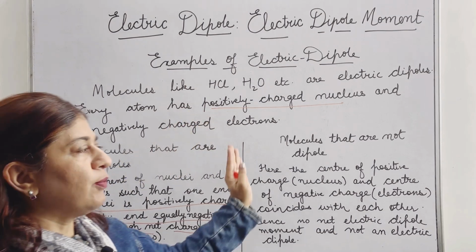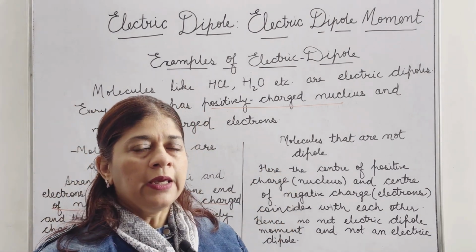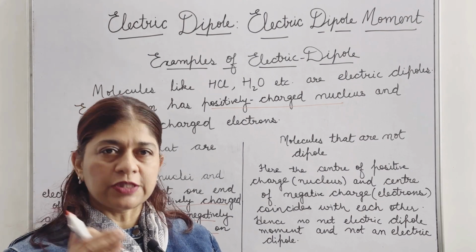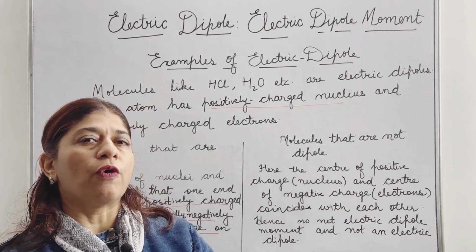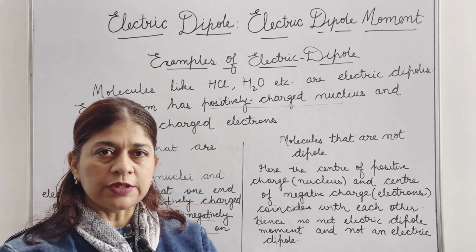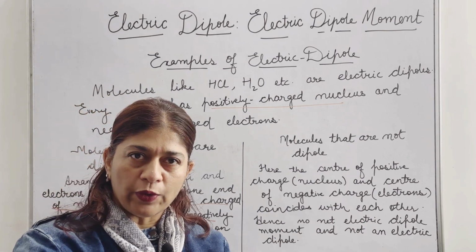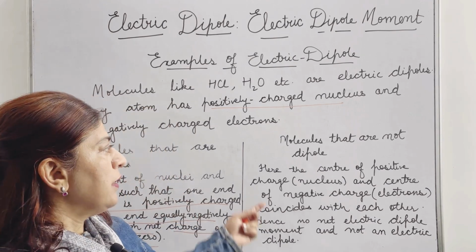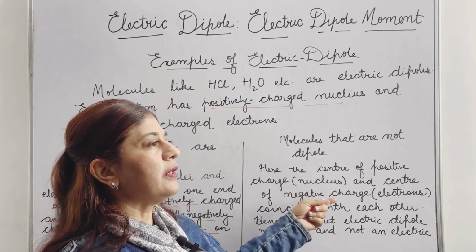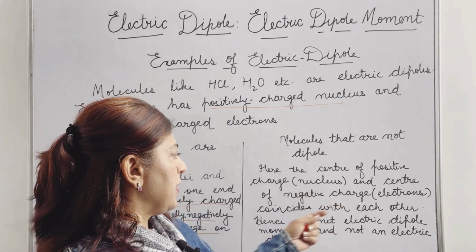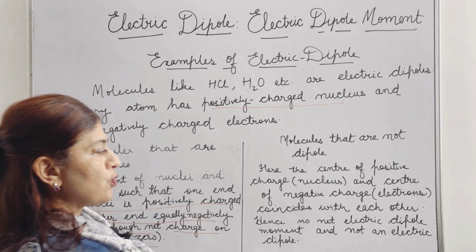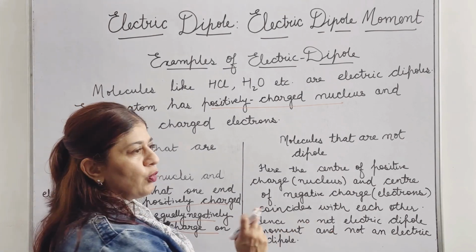On the other hand, in the molecules that are not dipoles, the center of the positive charge and the center of the negative charge are not separated; they coincide, they overlap, one over the other. Here the center of the positive charge, that is the nucleus, and the center of the negatively charged electrons coincide with each other, and this is the reason there is no net electric dipole moment.